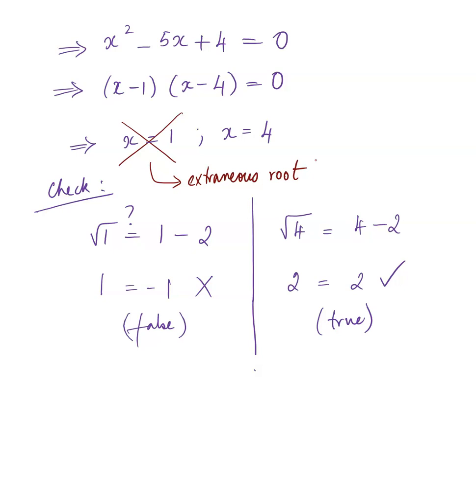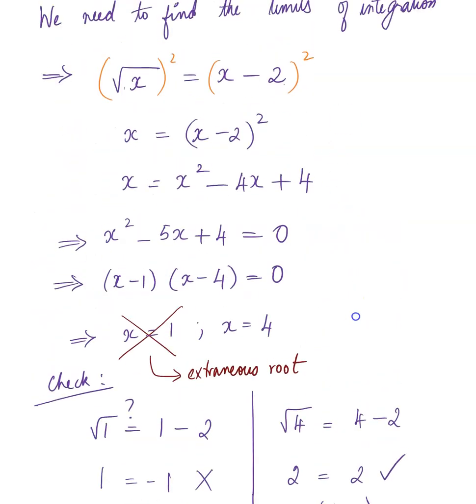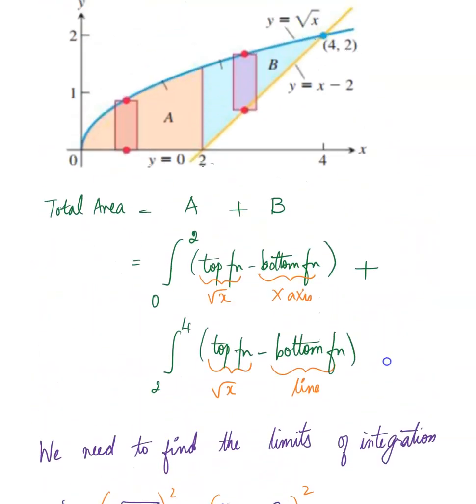And we know that only x equals 4 works, which is also supported in our graph, because x equals 1 would be somewhere here, and you can clearly see that the line does not meet the square root of x curve there. The line and the curve meet only at this end, not on the left end. So it's verified on the graph, and it's also verified when you did it algebraically by checking the solutions. Anyway, checking the solution gave us that information, and so we have to consider the area between.